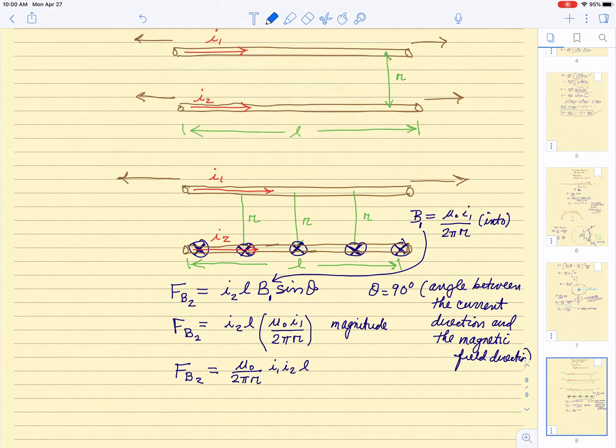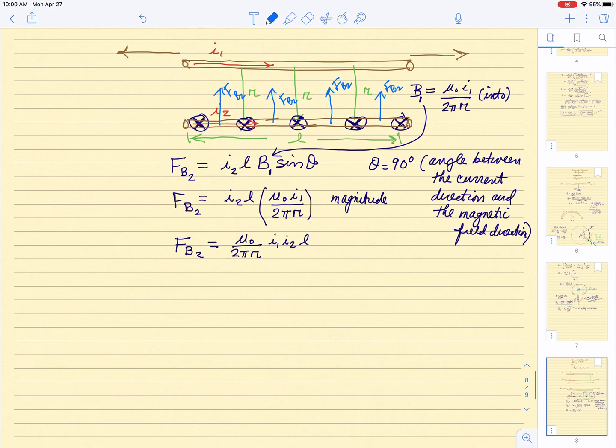This would be FB on wire 2. So that bottom wire, where I2 is running through it, is going to feel a force in the upward direction.